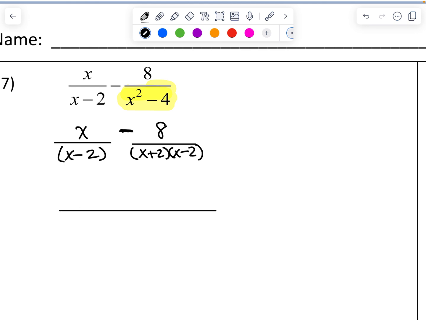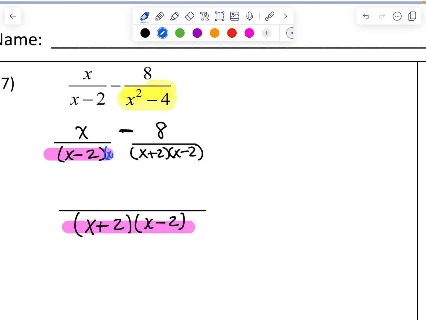All right, now we need a greatest common factor. Or I'm sorry, we need a common denominator. Wow. We need a common denominator, and the common denominator is x plus 2, x minus 2. So we ask ourselves, what does this need to become this? What it needs to become that is an x plus 2.